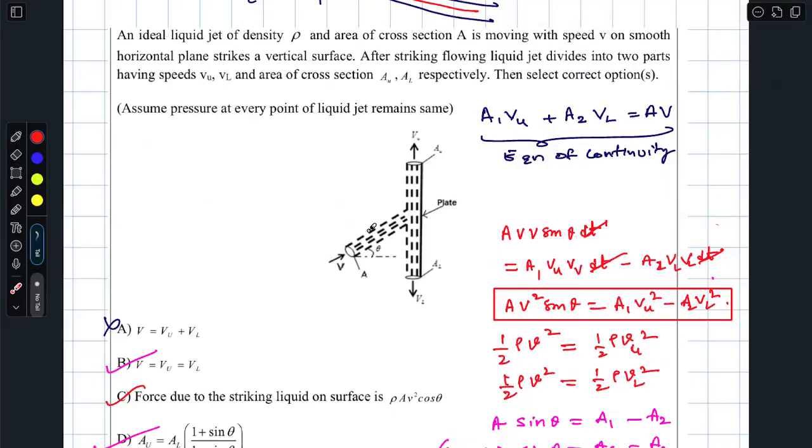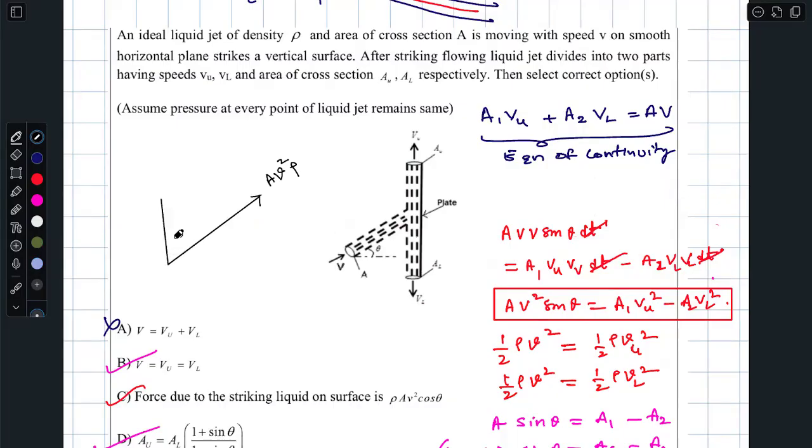Now try to understand what is happening over here. Here, this is the direction of the thrust force, which is A V square rho. Now this has two components.